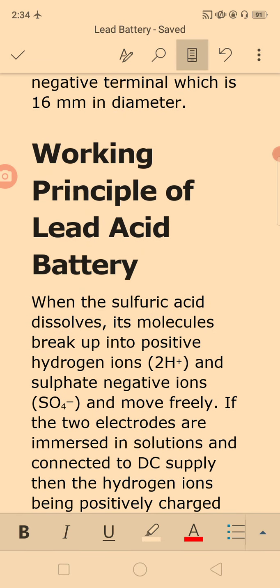Working of the lead acid battery: when sulfuric acid dissolves, its molecule breaks into two hydrogen ions and one sulfate ion, which move freely.